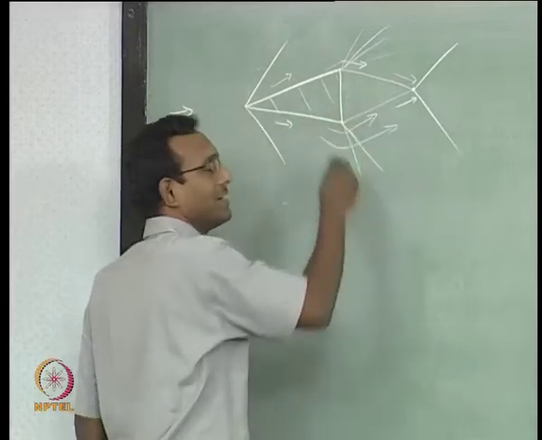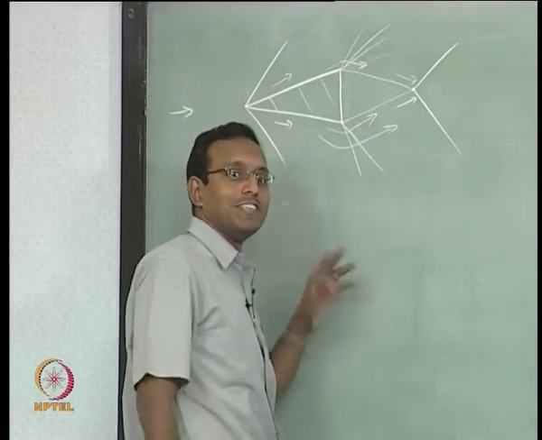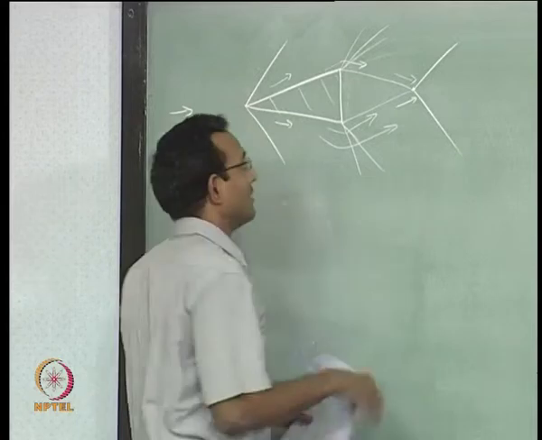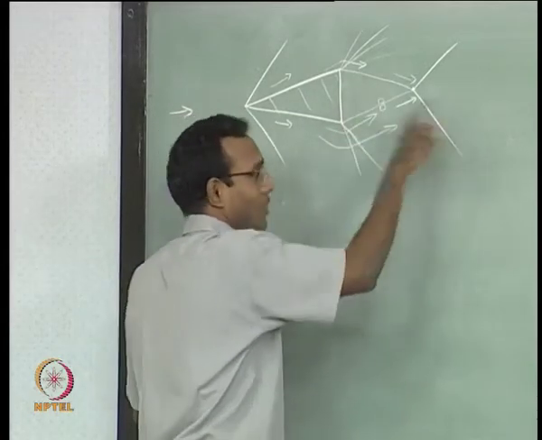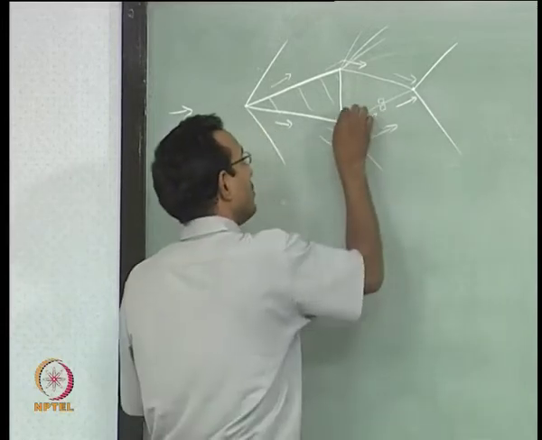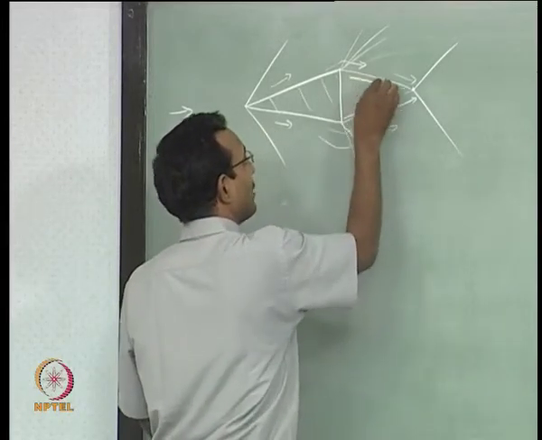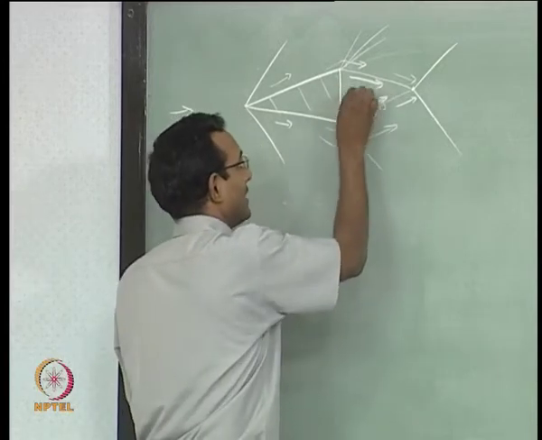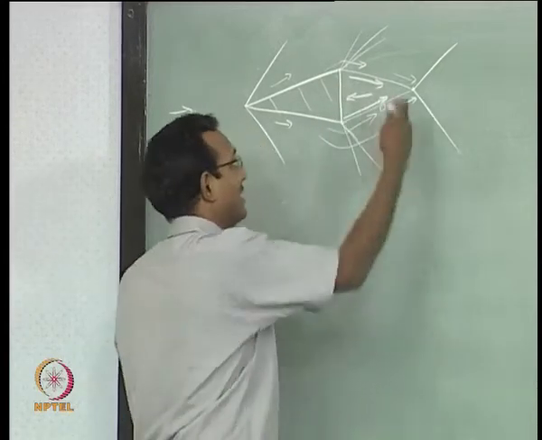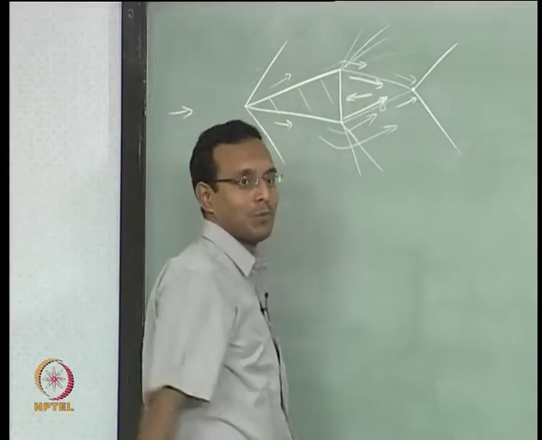What is going to happen inside? If it is a viscous fluid, then this fluid element will pull the next fluid element along because of shear, and so this flow will go like this, and there cannot be empty space here. So, flow in the center should go like this to fill that empty space which is created by that pulled out.